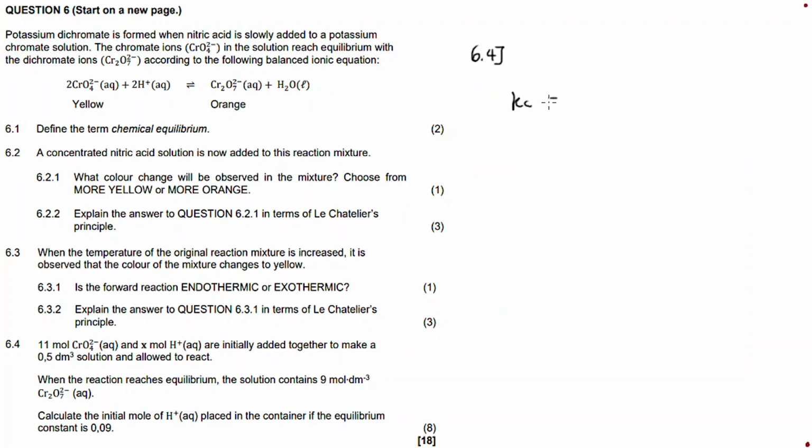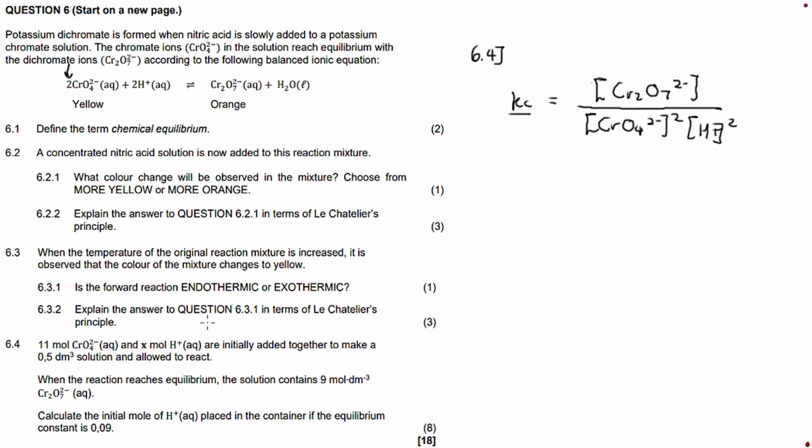Kc value is equal to the concentration of the products, Cr2O7 2 minus, over CrO4 2 minus squared, which is the coefficient, then times the hydrogen ion squared.